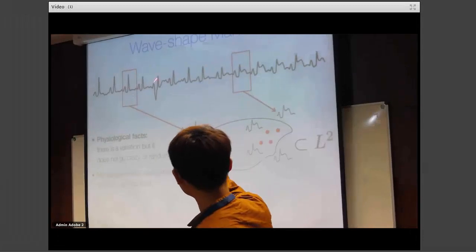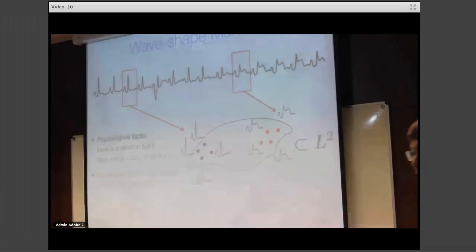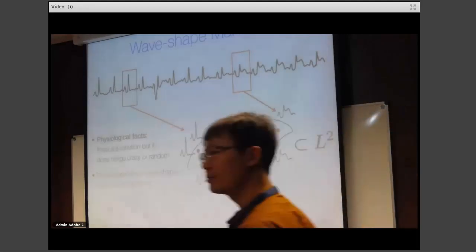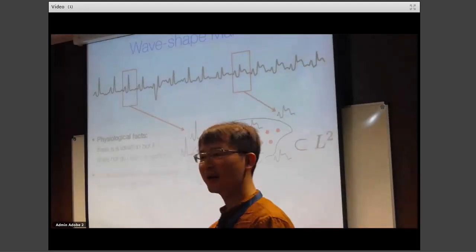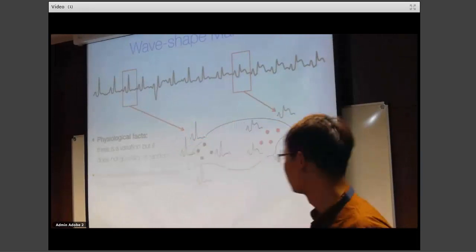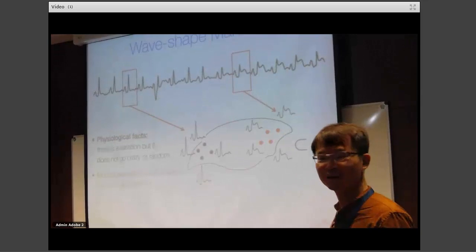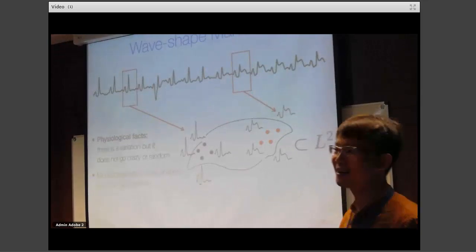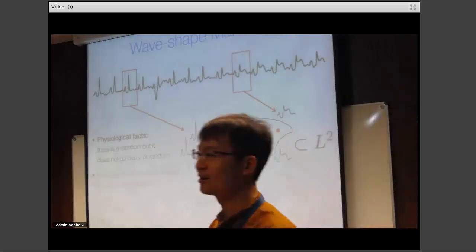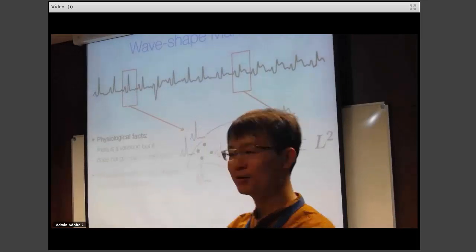We have several oscillations here: 1, 2, 3, 4, 5, and so on. For every beat, I will view it as a point in some high-dimensional geometric structure, which we call a manifold. Just imagine like you learned linear regression, right? In linear regression, you have some predictor, some parameter, and this parameter is in a one-dimensional space.